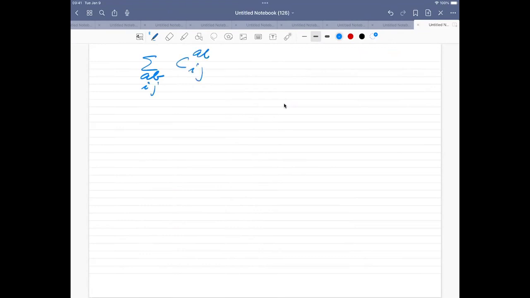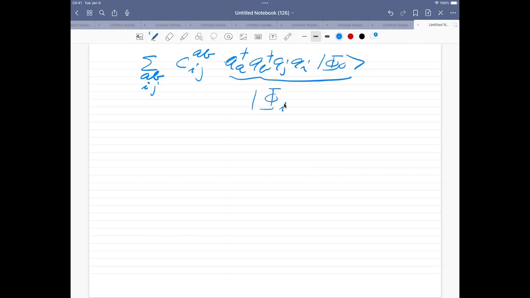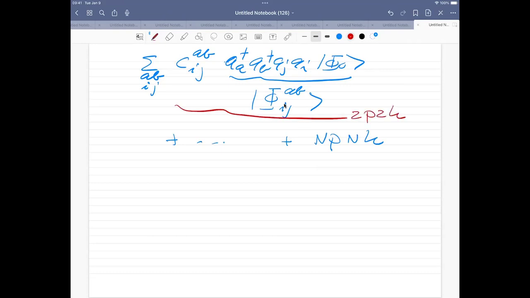We have this overlap coefficient, and then we have a new Slater determinant, which would be a_b^†, a_a^†, a_j, a_i acting on phi 0, where this one is nothing but this state, which we have used a shorthand for, which goes like phi of ab and ij. And this continues all the way to n-particle, n-hole excitations. So the states which you see here correspond to what we call the two-particle, two-hole types of excitations.